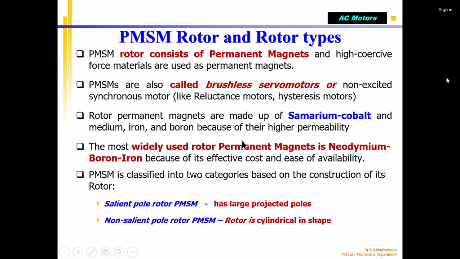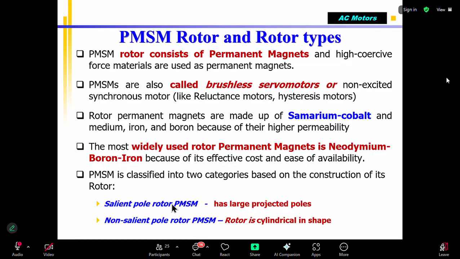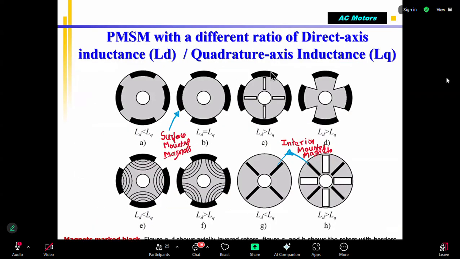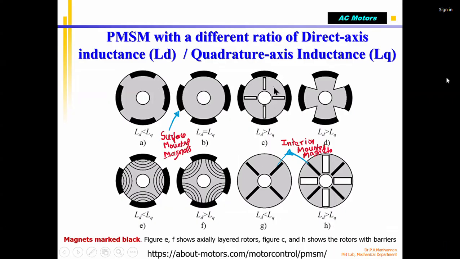Okay, so we talked about the advantage. Salient pole motor will have projections. I already showed yesterday. If the magnets are projecting outside, this is called salient pole. This we can see here: the rotor core on which the magnet is attached on top, but it is projecting.